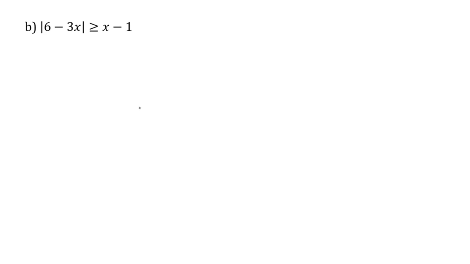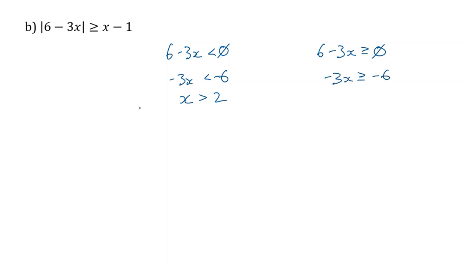Okay, so again, we're just looking at the argument of the absolute value when 6 minus 3x is less than 0, when 6 minus 3x is greater than or equal to 0. So we talked about this before, the sign flipped.